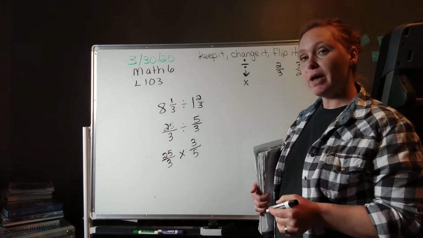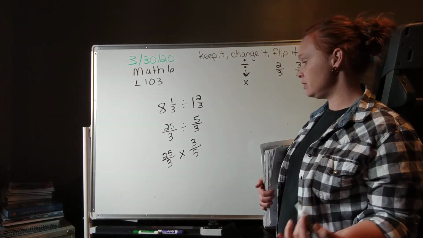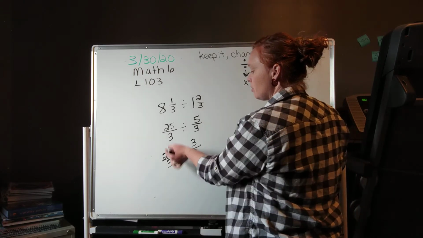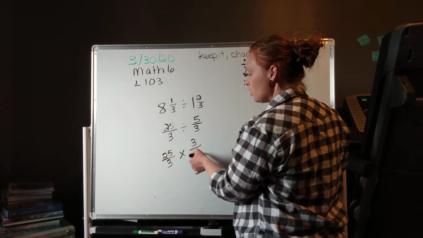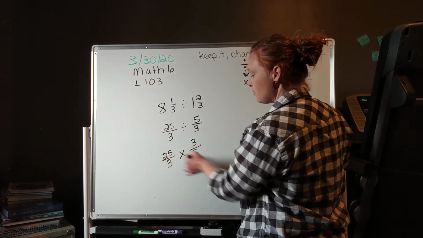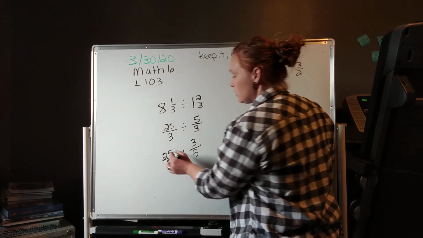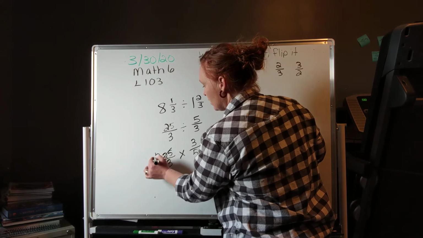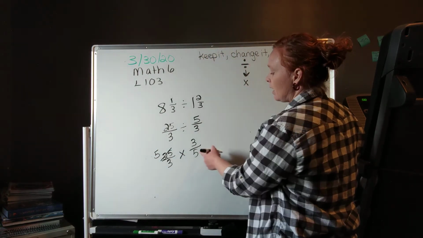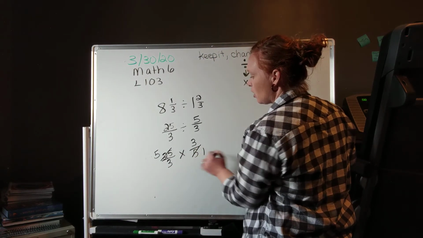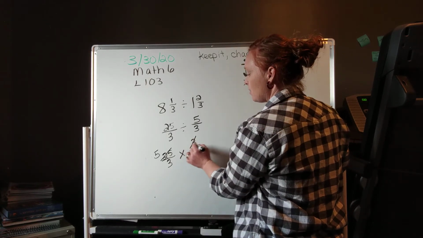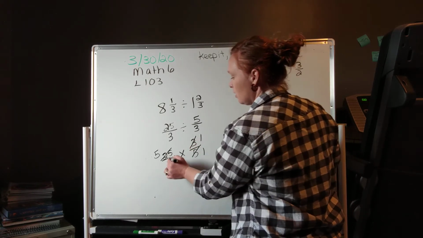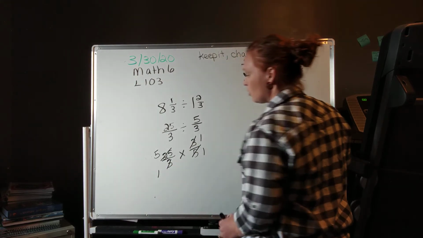Now before we multiply, we want to see about reducing. Okay, so no reducing this way or this way, but we can cross-reduce. Both of these can divide by 5, can't they? So 25 divided by 5 is 5. And 5 divided by 5 is 1. And then here we have 3. So 3 divided by 3 is 1. 3 divided by 3 is 1.